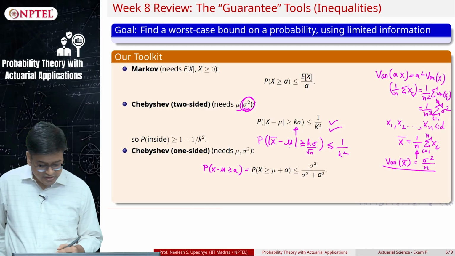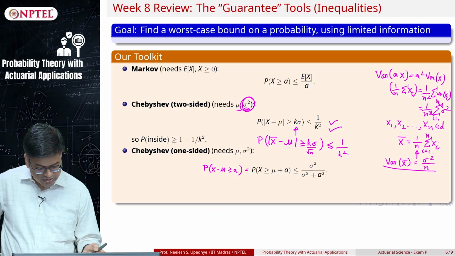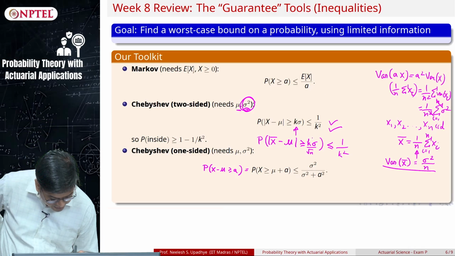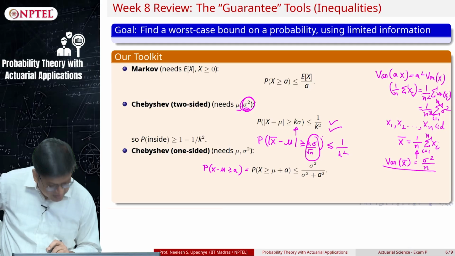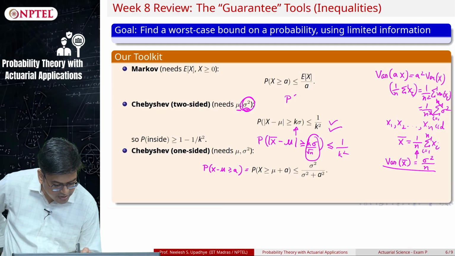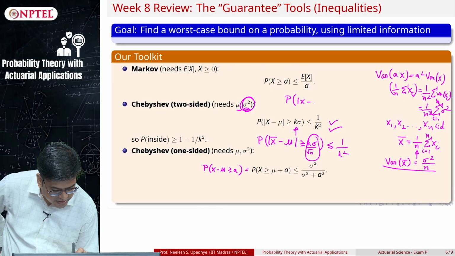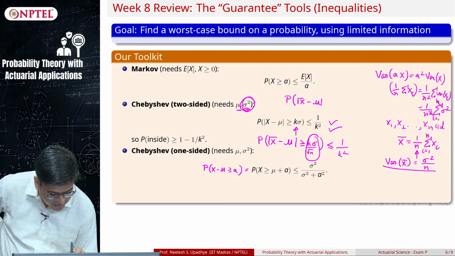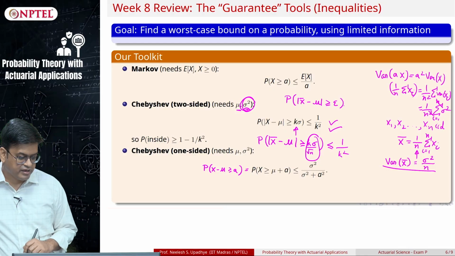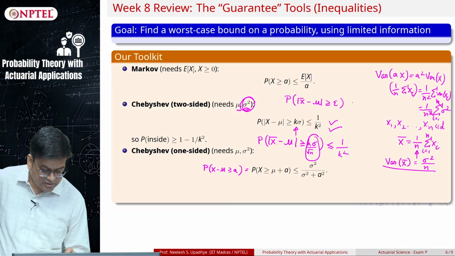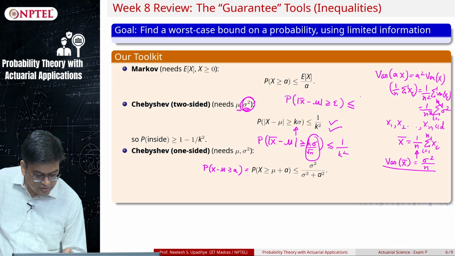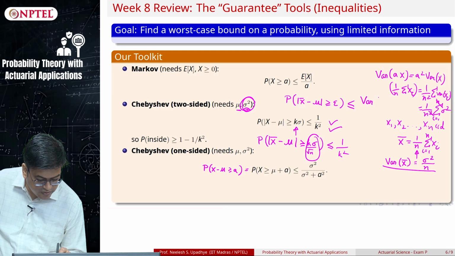what I have is a different version of this, which is essentially if I want to replace this with something like probability of mod x bar minus mu greater than or equal to epsilon, and then based on our Chebyshev inequality, this is going to be variance of x bar upon epsilon square.